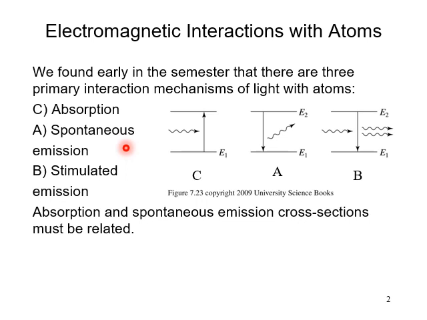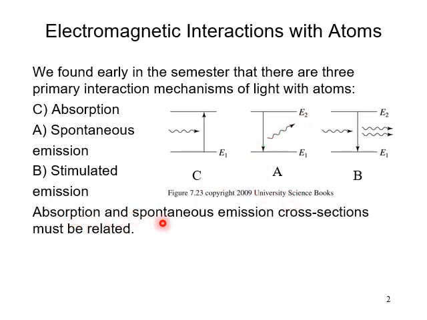Then there's a third effect, which is related to background radiation, actually, and that's called spontaneous emission. That is, the electron spontaneously decays from the upper state down into the lower state, emitting a photon in the process.